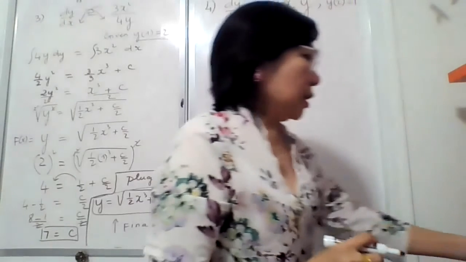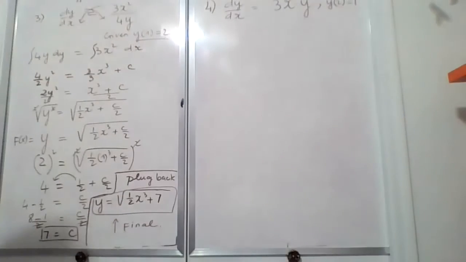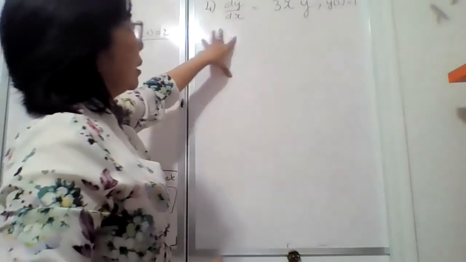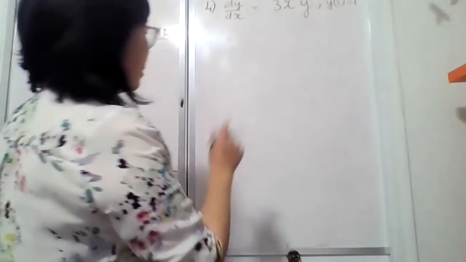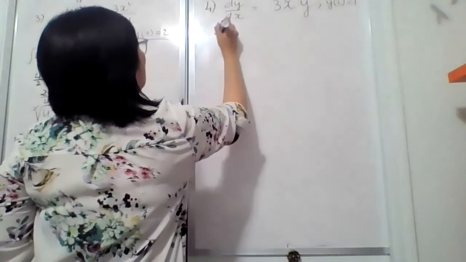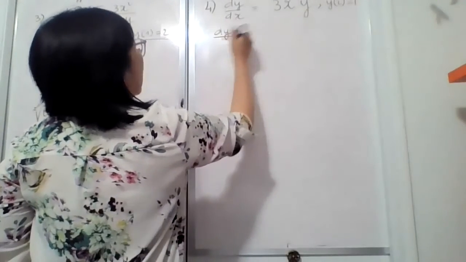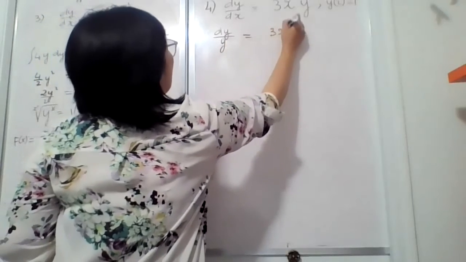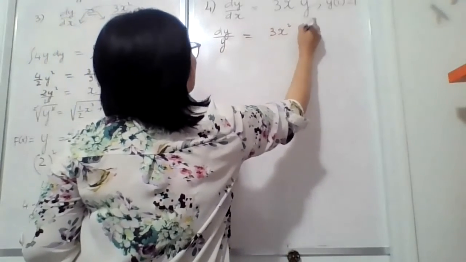So how do we deal with this? Again, we have to separate y to the left side and x to the right-hand side, right? That's the first step we do. Separate variables. So I'm going to say dy divided by y equal 3x squared times dx.